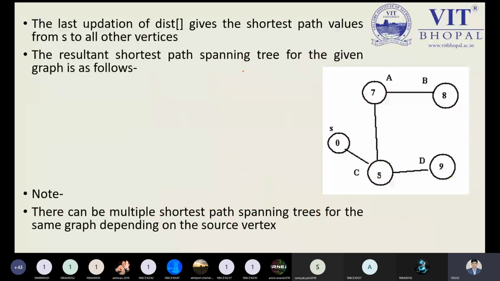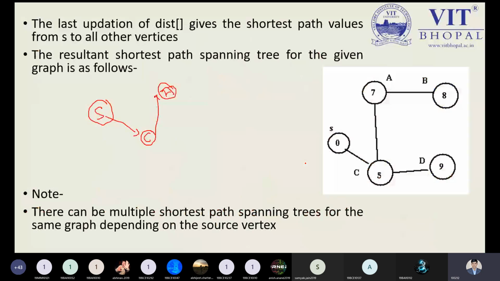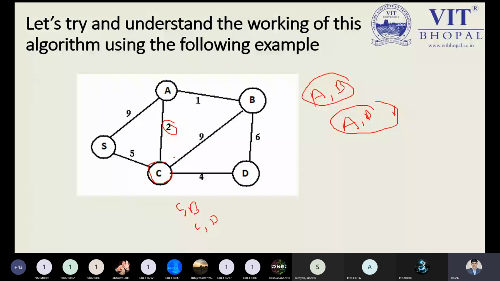The path we have is S, then we go to C, and then to A, because moving from S to A via C we get the value 5 only. So you will see this path 5 and 2 making 7, rather than 9. So this is the path we have over here.